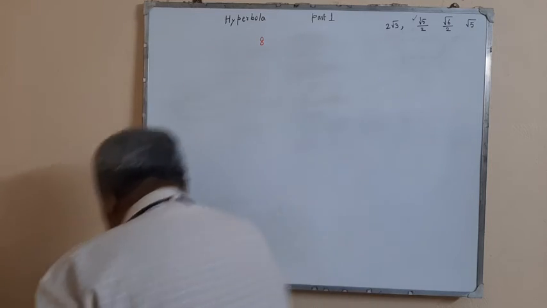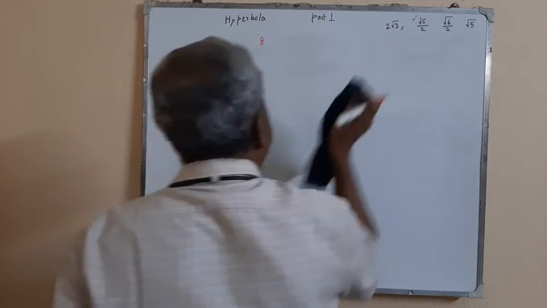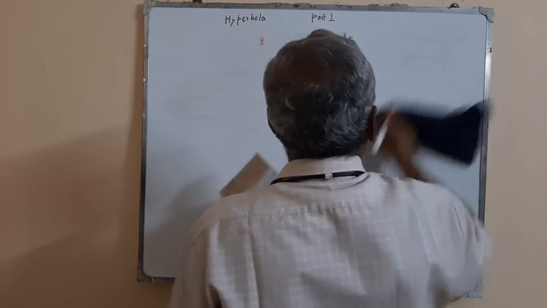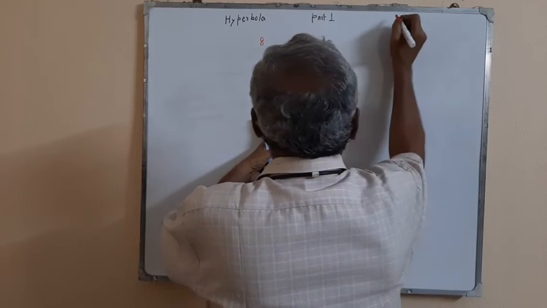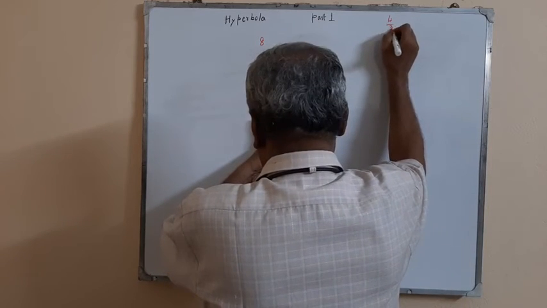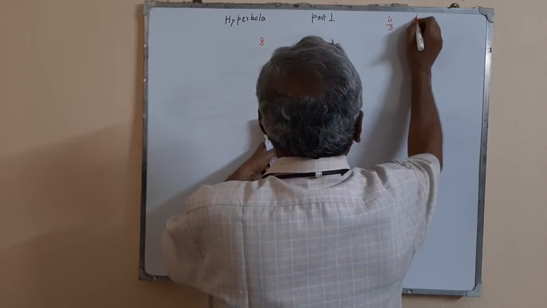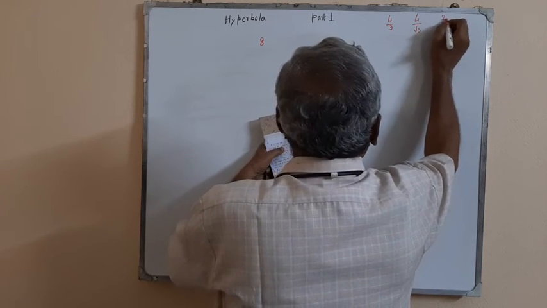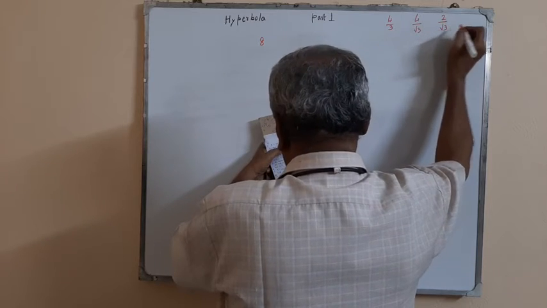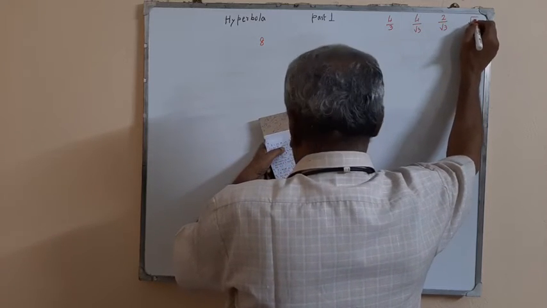And options are 4 by 3, 4 by root 3, 2 by root 3, and root 3.